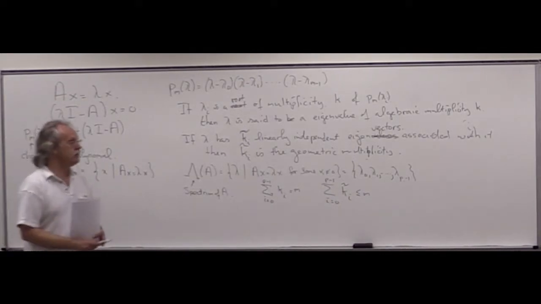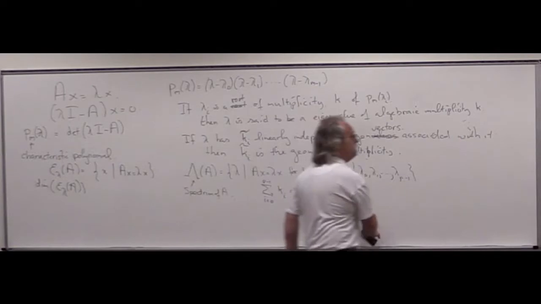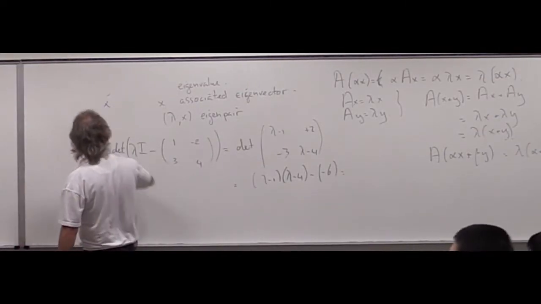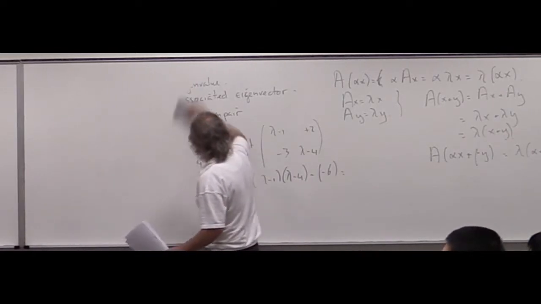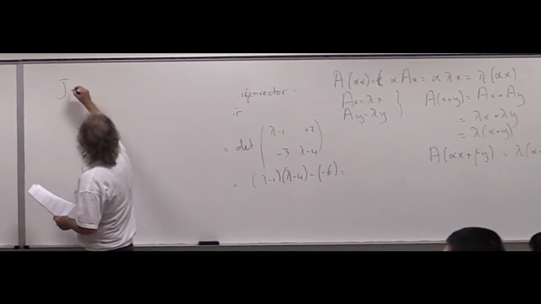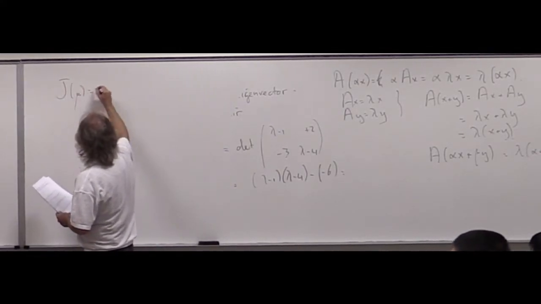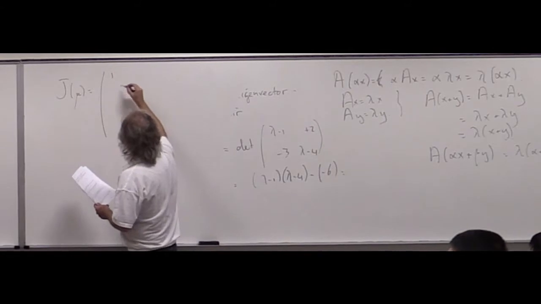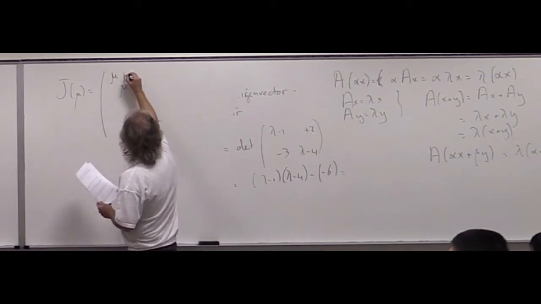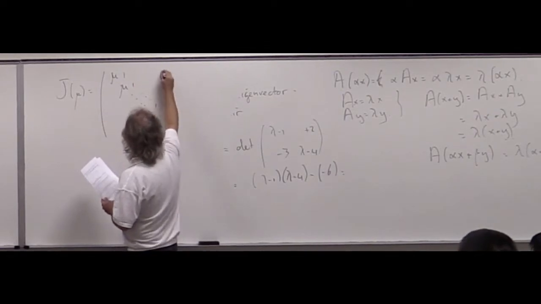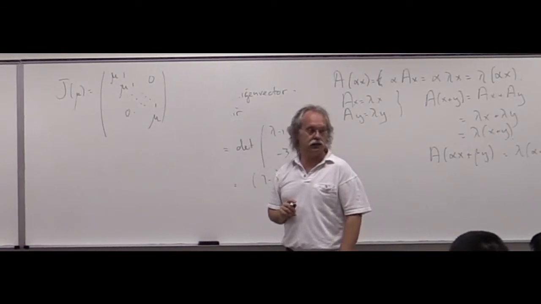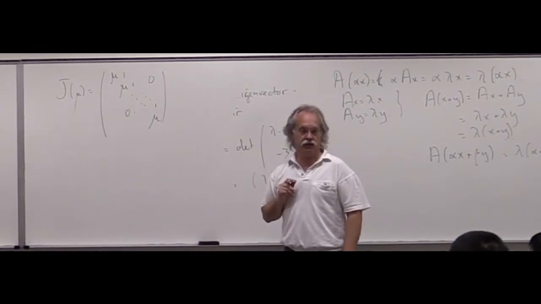Now, where in the world does that come from? Well, if you look at the matrix that has mu on the diagonal and 1's on the superdiagonal, this is an upper triangular matrix.